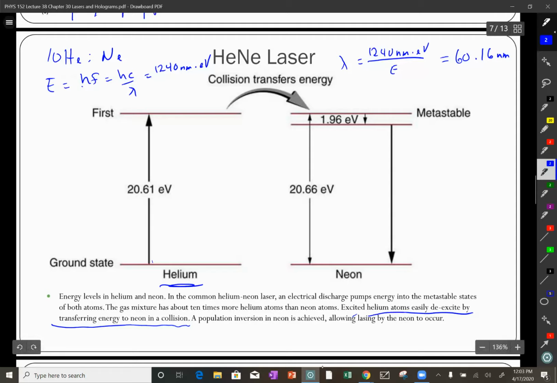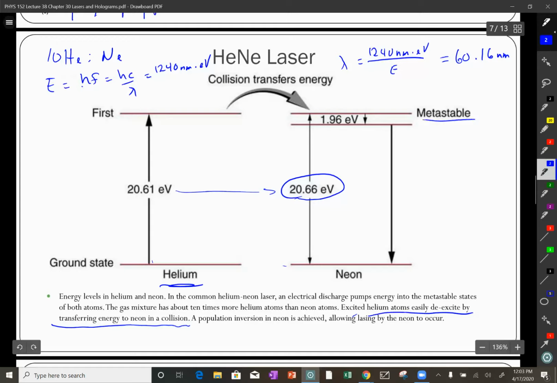And you end up with the neon having 20.66 electron volts above the ground state energy. Actually went up a little, right, because of the collisions.